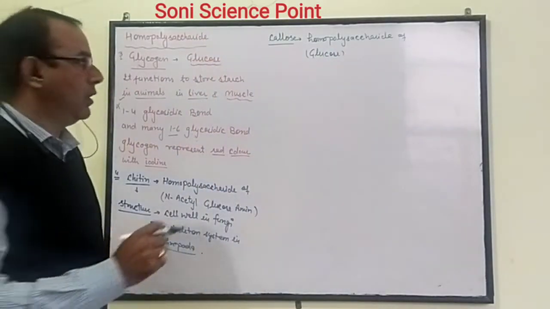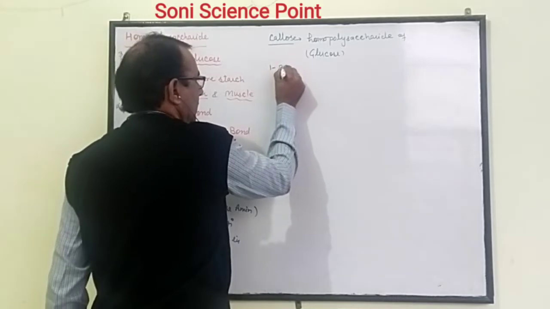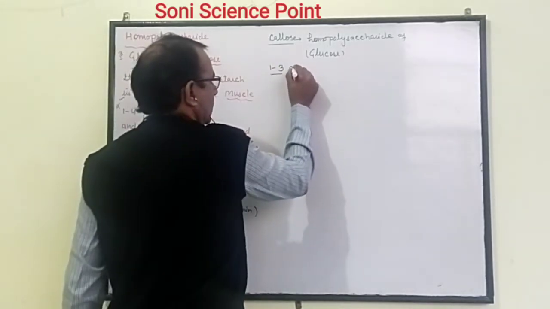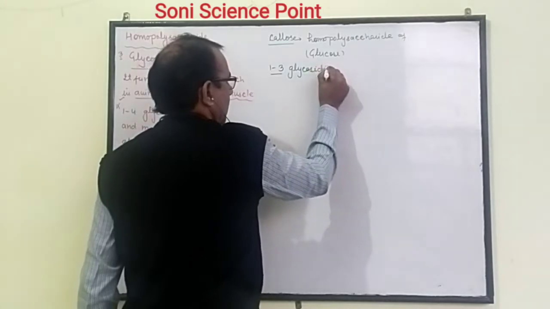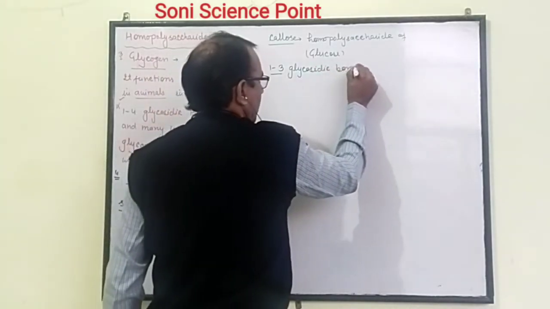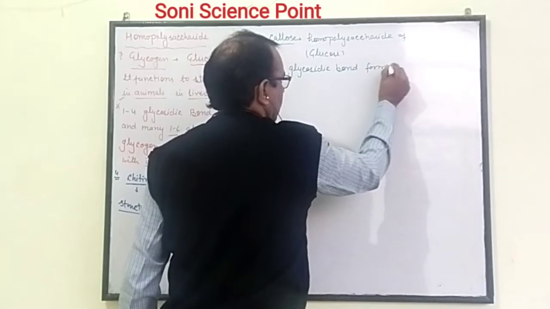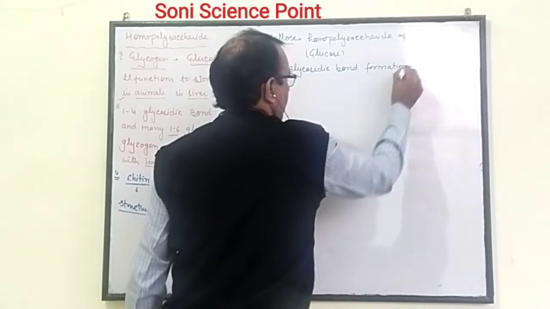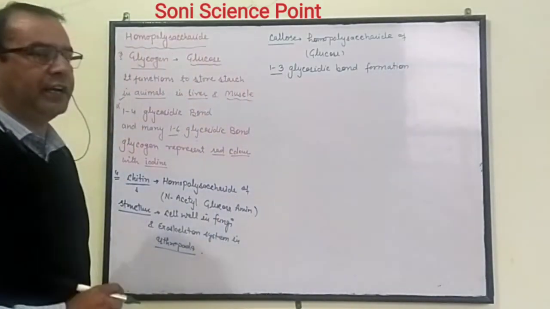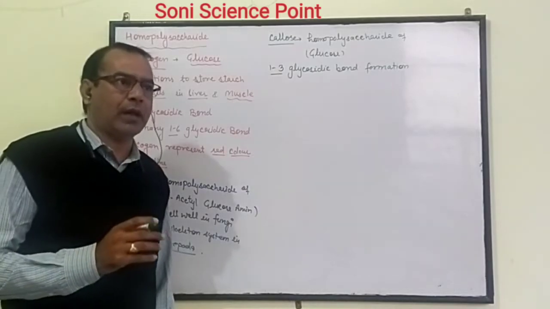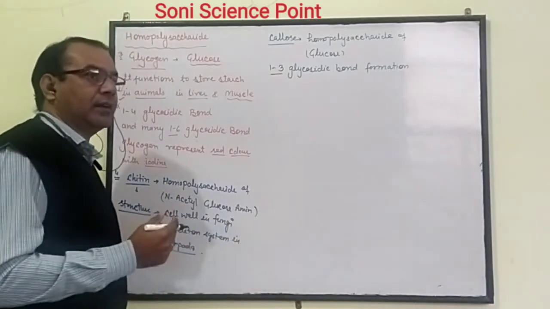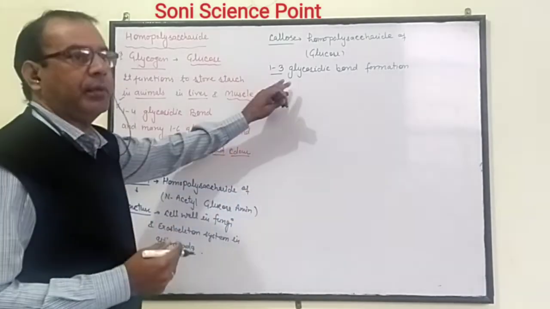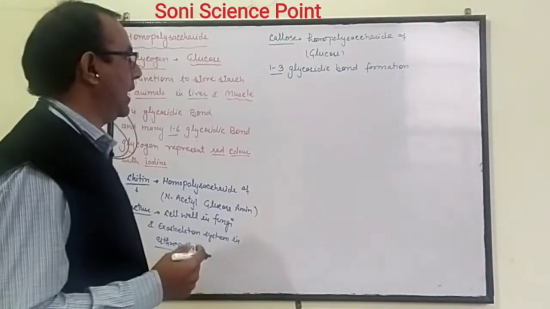In callose, 1,3 glycosidic bond formation takes place. 1,3 glycosidic means carbon number 1 of one glucose molecule is bonded with carbon number 3 of the other glucose molecule. That is callose.